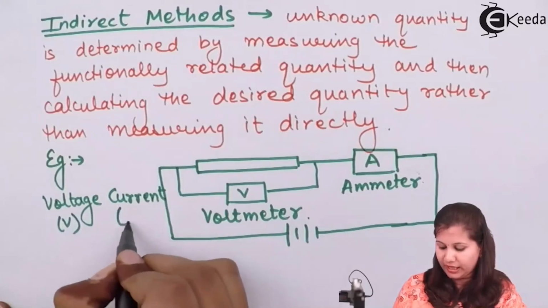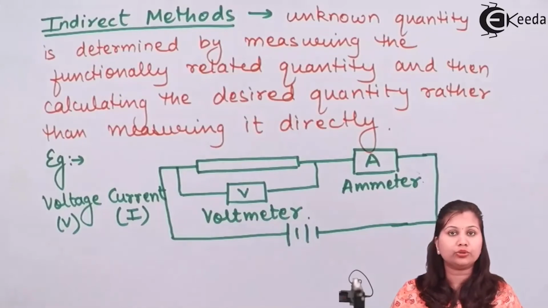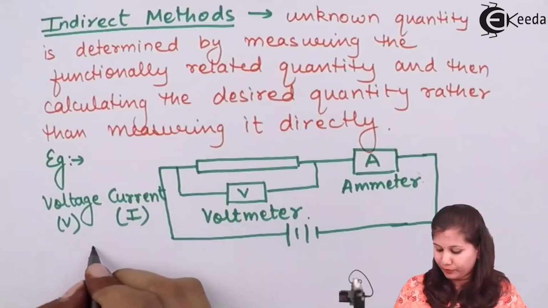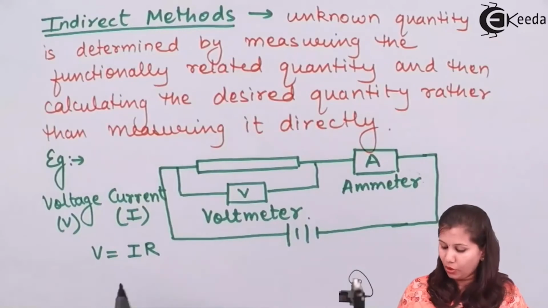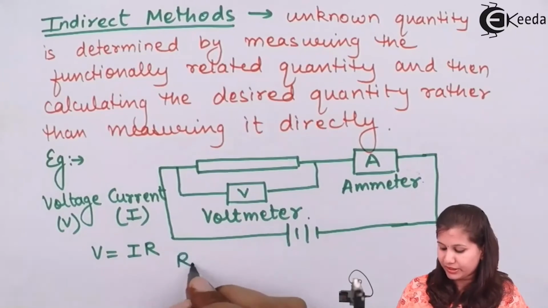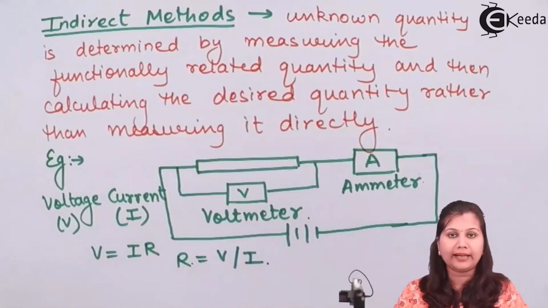So V and I we can calculate. Now we know that through Ohm's law, V is equal to IR, or we can say that the resistance R is equal to V divided by I.